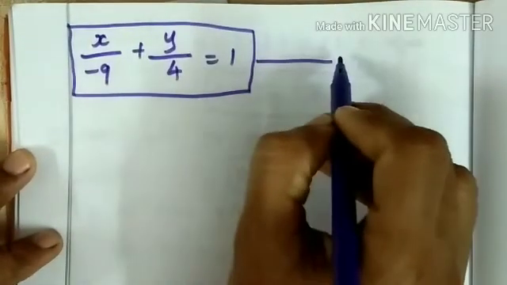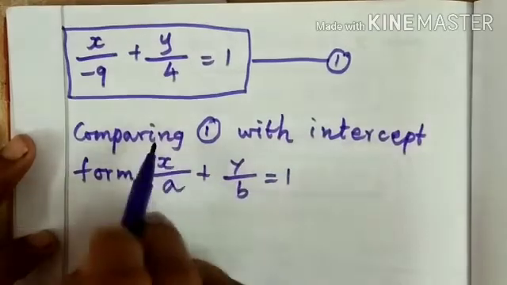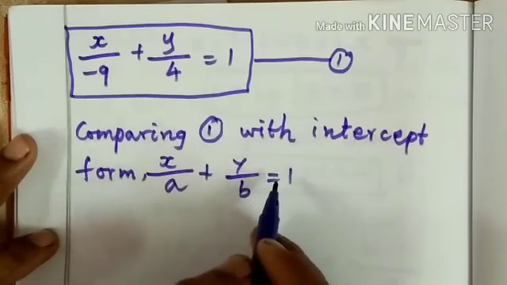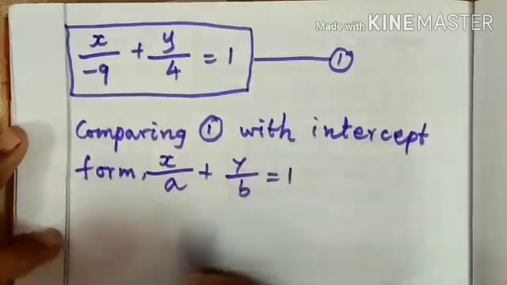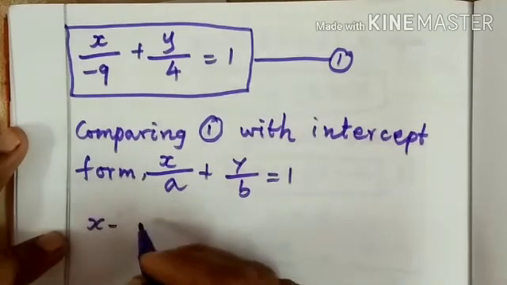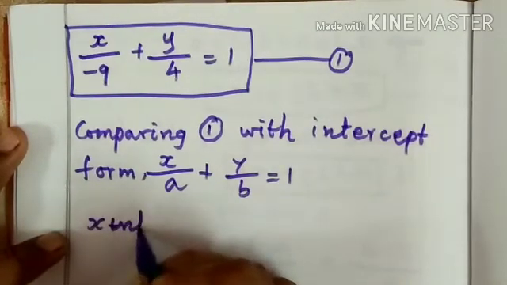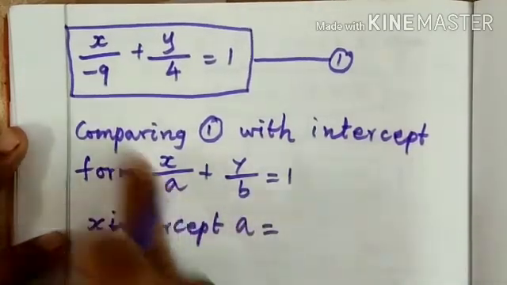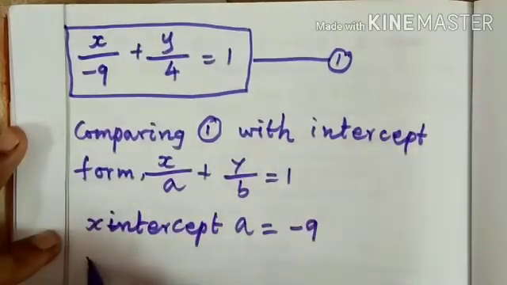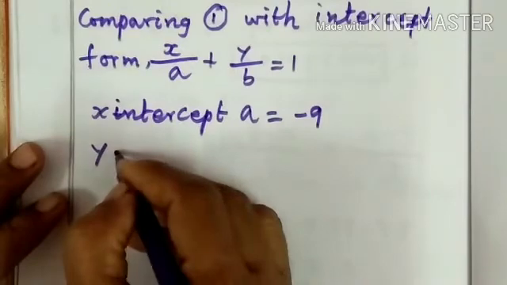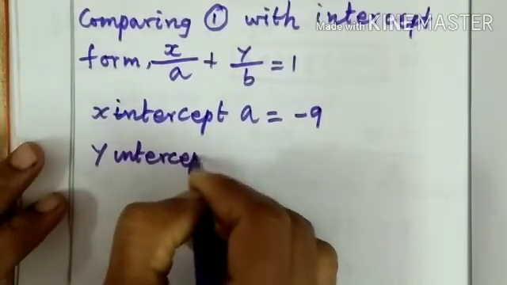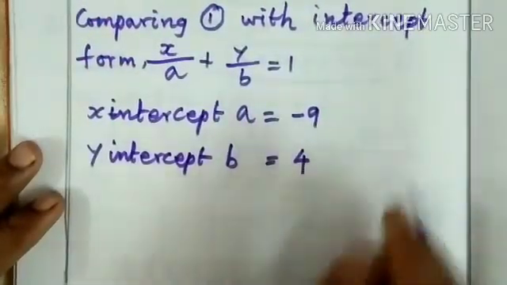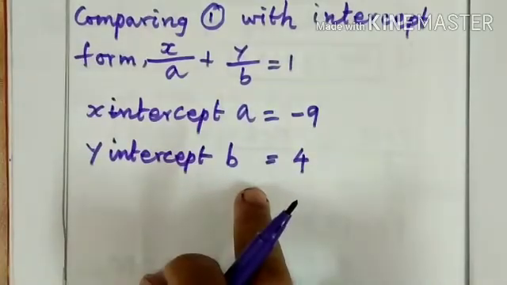Let us keep this as the first equation. Now comparing the first equation with the intercept form x by a plus y by b is equal to 1, we get x-intercept a is equal to minus 9, y-intercept b is equal to plus 4. This is the answer for this question.